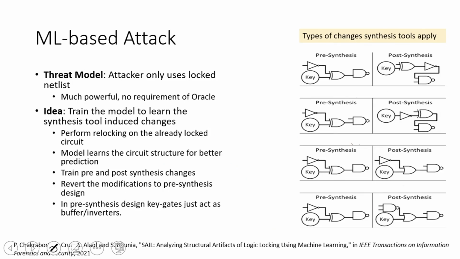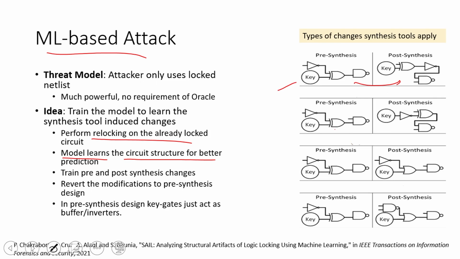The basic philosophy of this ML based attack is this: you got the locked design, and what they do is relock it with some keys, then do circuit synthesis, and see what structural changes are happening.